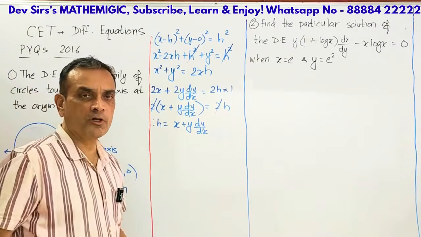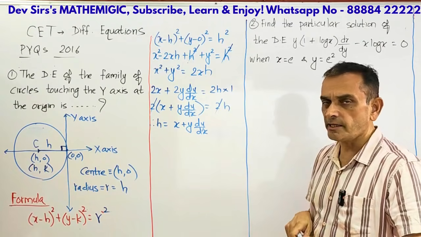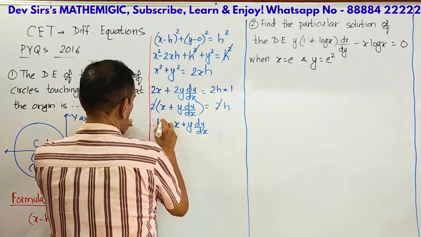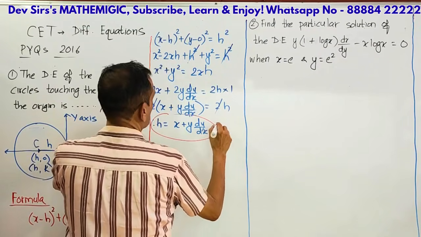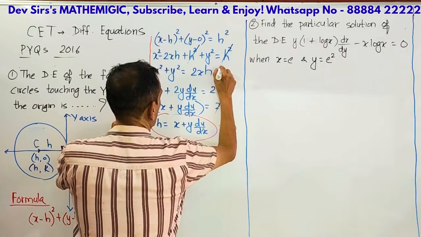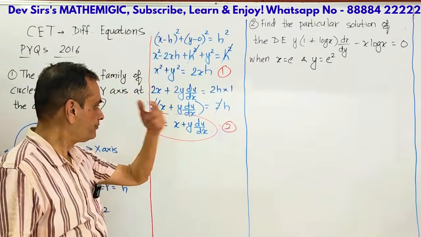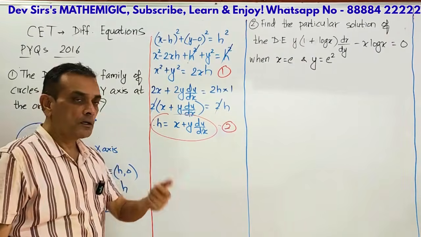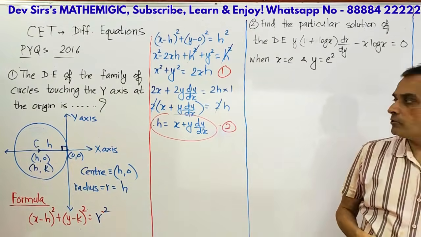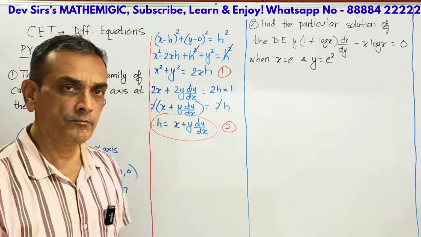So you are allowed to differentiate only once because only one constant, h, is present. So after differentiating, we get this equation 2. Now what is the work? You have to remove the constant, eliminate the constant.